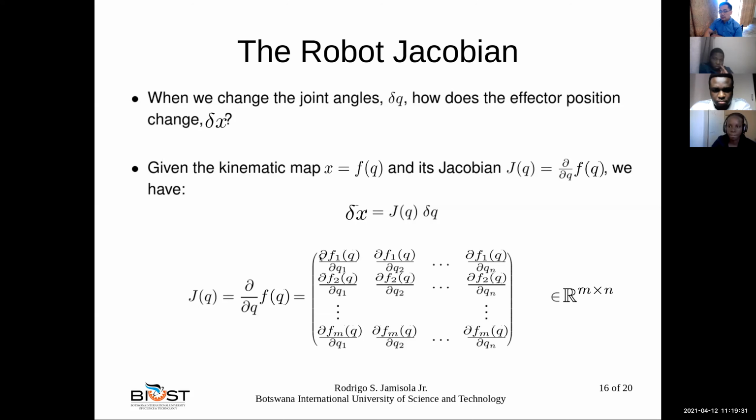So how? So the partial of the first component of f of Q. Normally your first component of f of Q here, as we have shown before, is that if there are two output variables, x and y, okay, and there are two joints, for example, let's just say Q1 and Q2.